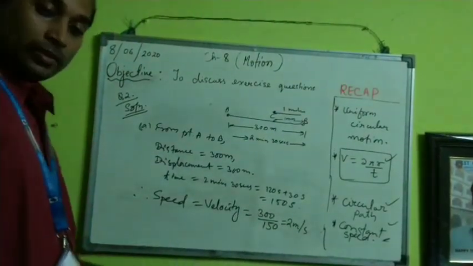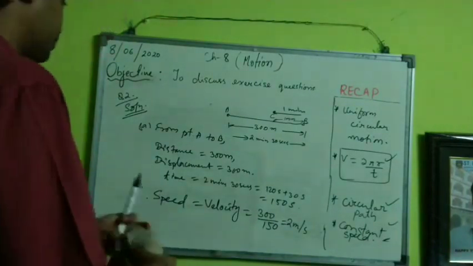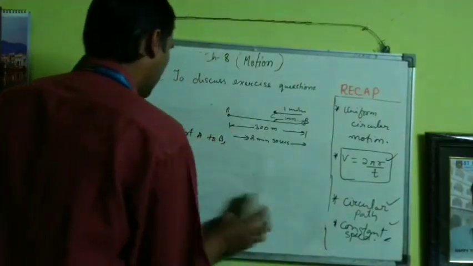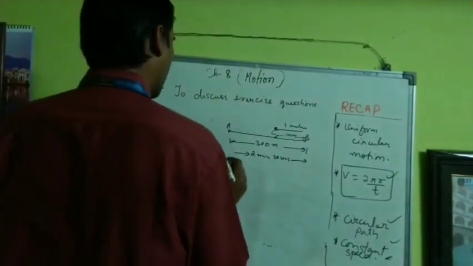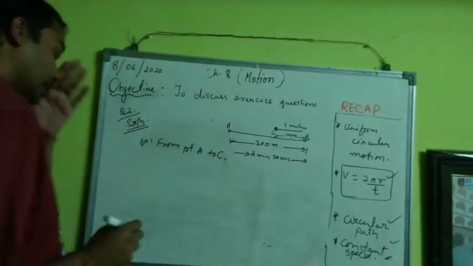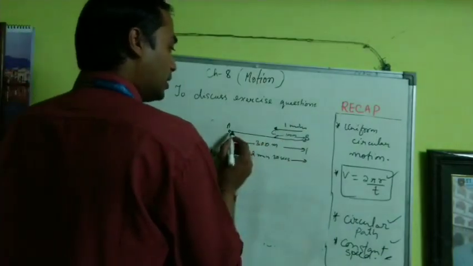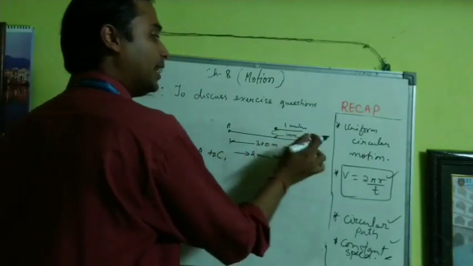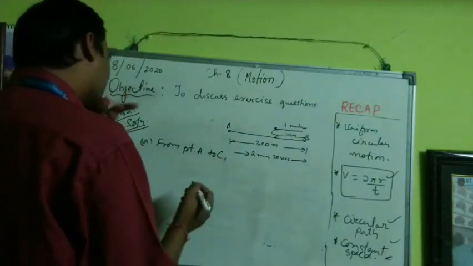Now let us find out for point A to C. Here the distance will be what? A to C means first we have to count the distance he has covered from A to B and then again from B to C. That is, first we'll break this into two parts.